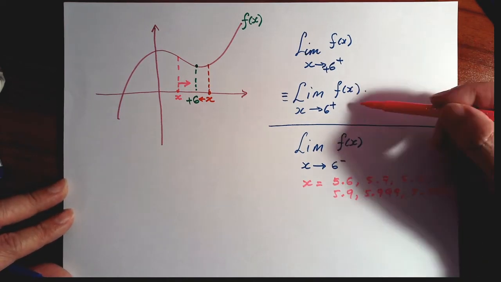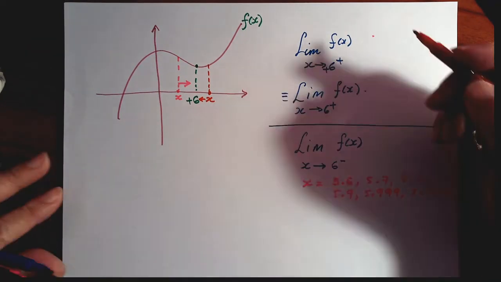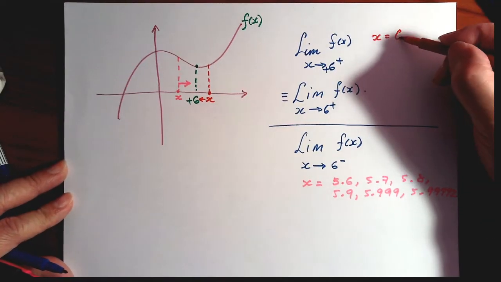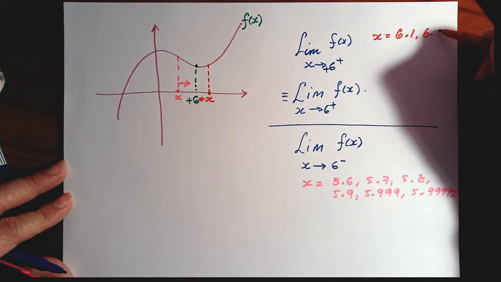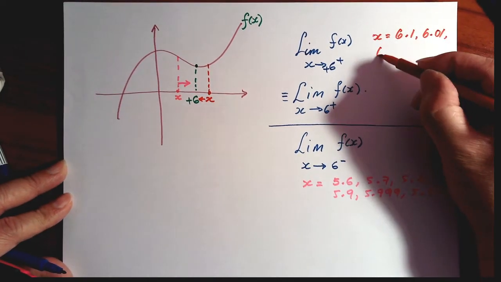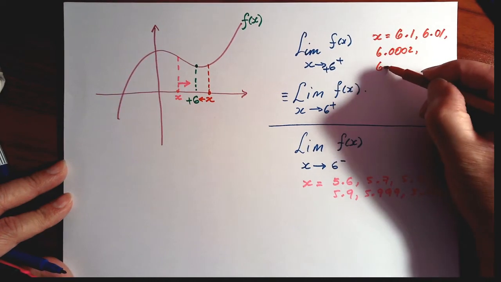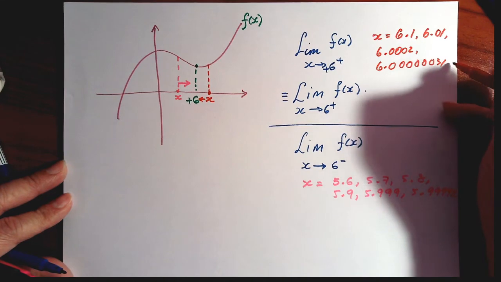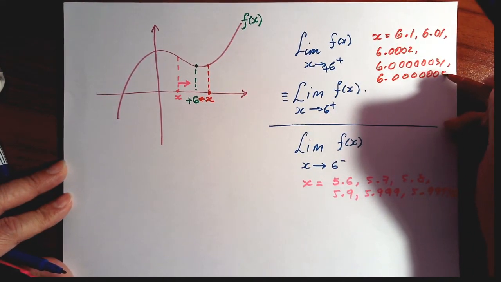In the same way, x here would be a little bit bigger than 6. It will be 6.1, 6.01, 6.0002, 6.000031, 6.000005.